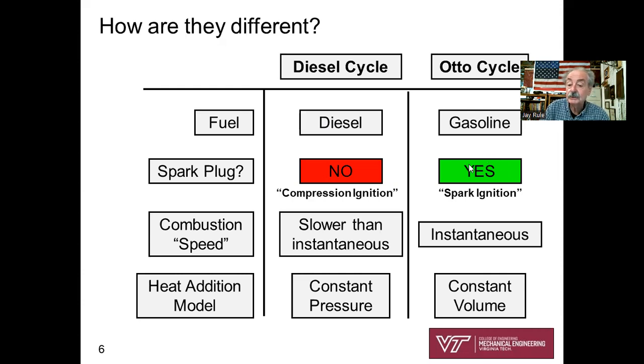The gasoline engine does. The reason the diesel cycle does not use a spark plug is because the pressure gets high enough to initiate the fuel and air combustion. This is called a compression ignition system, whereas the gasoline engine is called a spark ignition system, where it takes an electric spark to initiate the combustion of the fuel in the air.